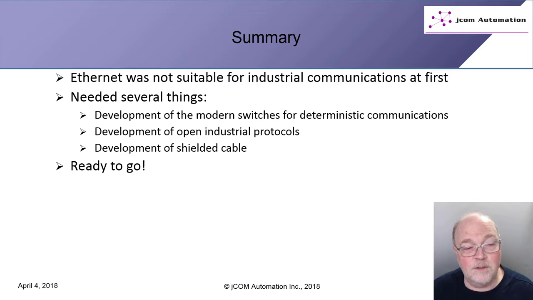They needed development of open industrial protocols, because nobody wants to be locked in to a proprietary protocol. And as we see in my Ethernet classes I teach, the development of shielded cabling was pretty important. But now, basically, we have everything. It's ready to go. The modern protocols have been developed.